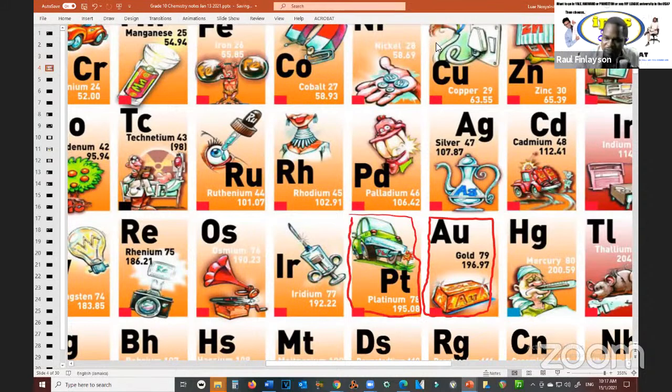These two metals that I am putting a box around are some of the most valuable metals on earth. If you even have a pound of these metals in your possession, you couldn't count the money. That's it for life. One pound of any of these metals will change your life forever.